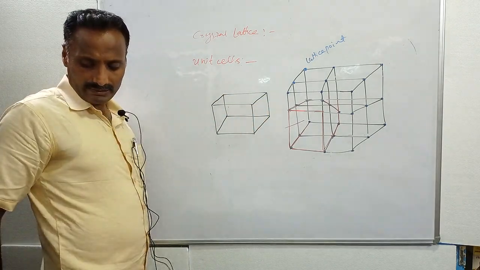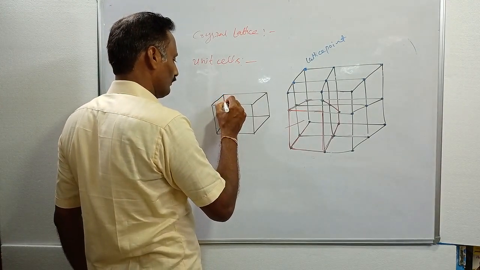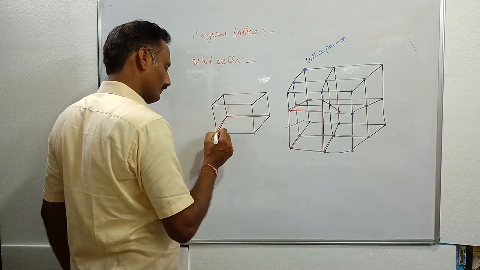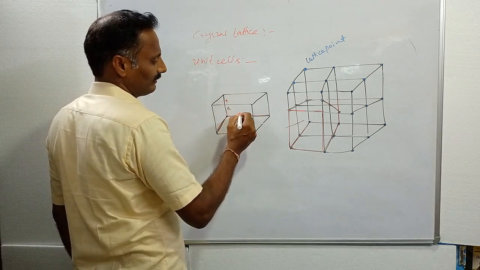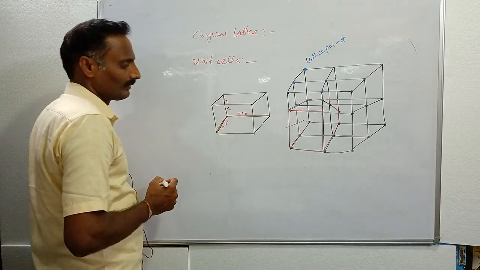This unit cell is characterized by its edges. This is A, the edge length, this is B, also an edge length, and C is also an edge length.